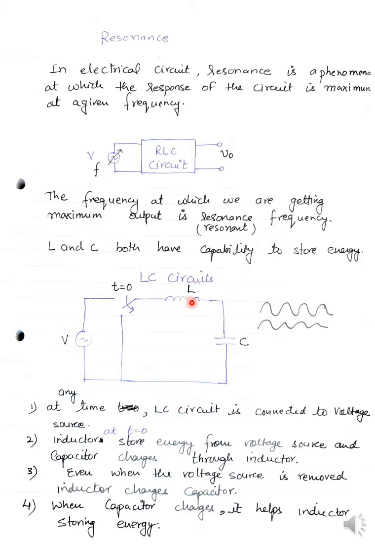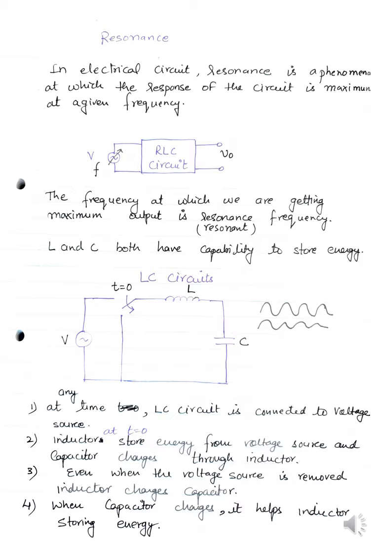When the capacitor is fully charged, it will start transferring the energy to the inductor. So this is an indefinite process if there is no resistance in the circuit, but ideally it's not possible like that. All the circuits which we are using have resistive losses, due to which this energy transfer reduces with time.